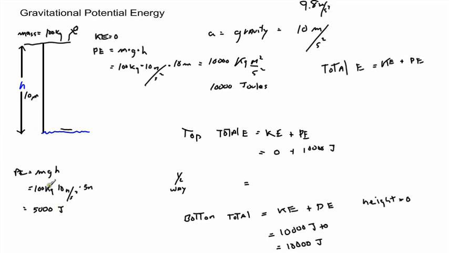Well, halfway down, since energy can't be created or destroyed, we know PE is equal to 5,000. And KE must now equal another 5,000 joules. That's 5,000 joules. So the total is still 10,000.